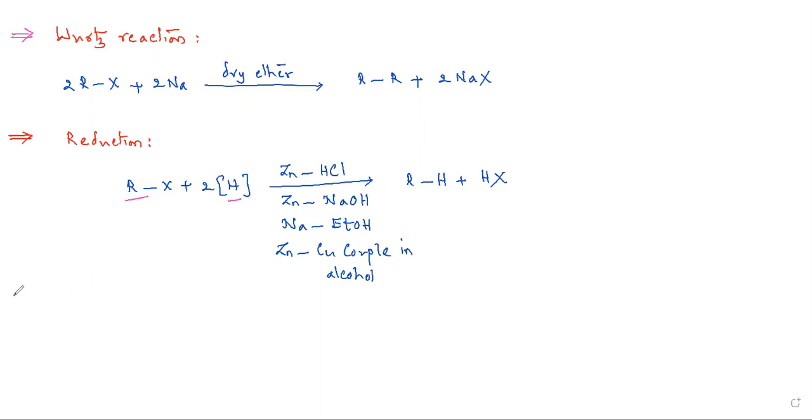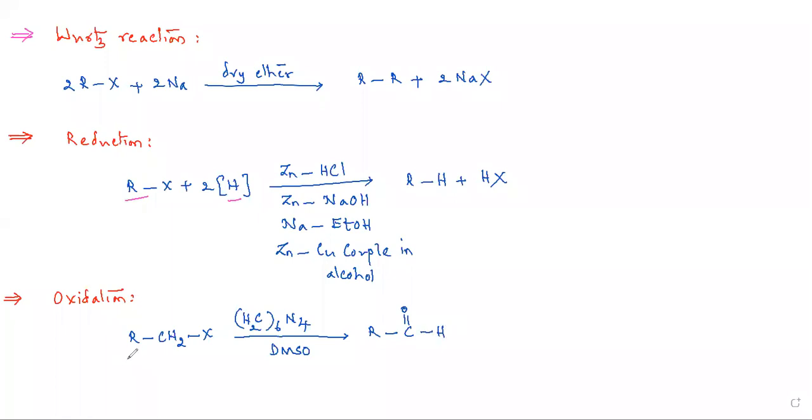Okay, then the oxidation reaction. See the alkyl halides with the urotropin, hexamethylene tetramine, then DMSO. Okay, form or undergo oxidation to form aldehydes. Primary undergo oxidation to form aldehydes.